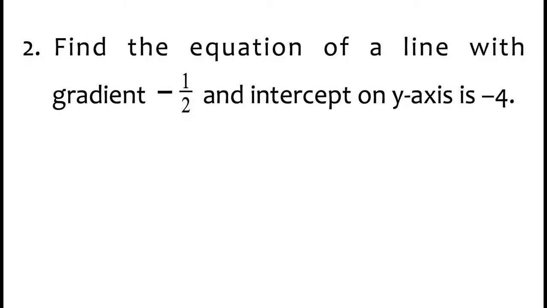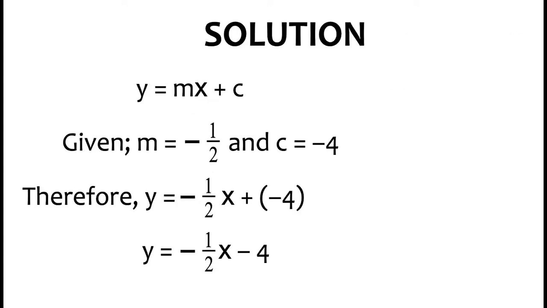Example 2. Find the equation of a line with gradient minus 1 over 2 and intercept on the y-axis minus 4. Solution.